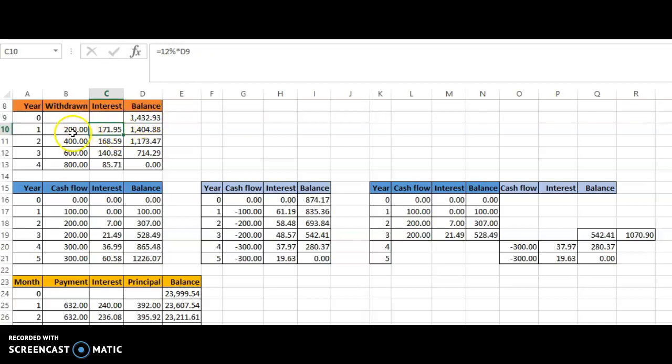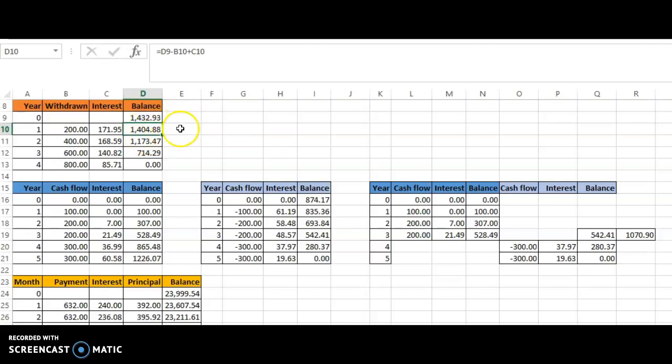Okay, but you also withdraw 200 at the end of the first year. Therefore, this minus this plus this, you get this value. Is that okay? D9, note this, D9 minus B10 plus C10, you get this value. Note that the value becomes smaller. Okay, this is 1432.93, this is 1404.88.